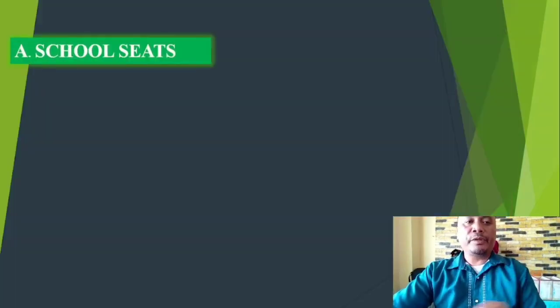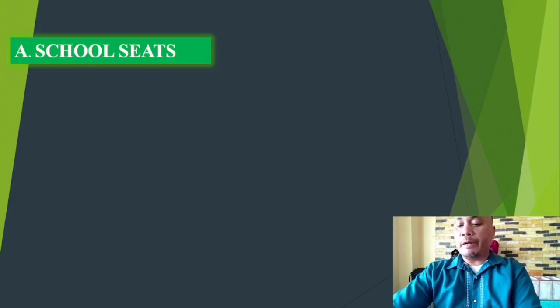Okay, so let's start with the school seat. The importance of good seating cannot be overlooked since school children usually spend a significant time in school in a sitting position. That's why good seating is necessary for comfort and good posture and is crucial to the proper physical development of a child.